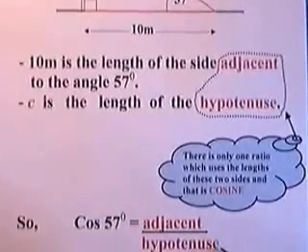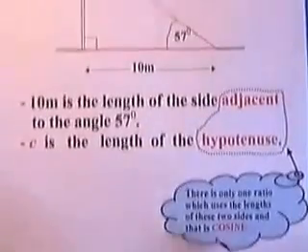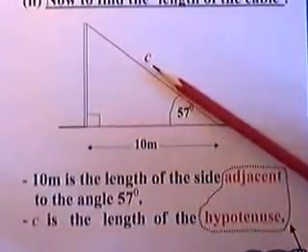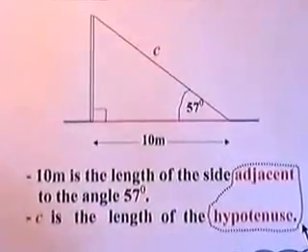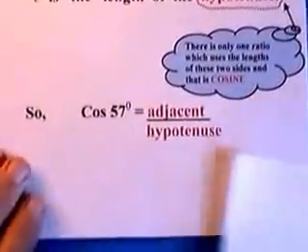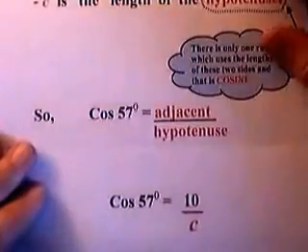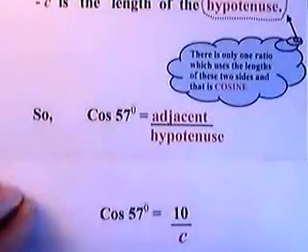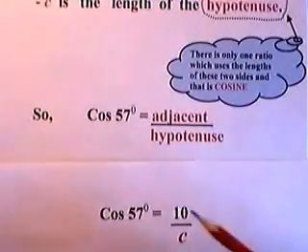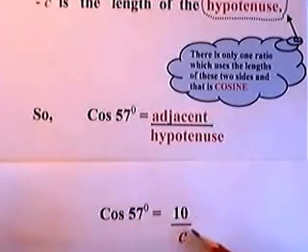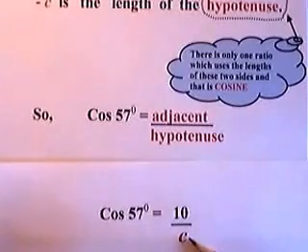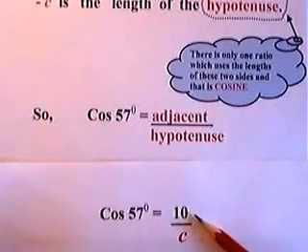The length of the hypotenuse is this length of the cable, which we do not yet know. Okay, so we would again make this very simple trigonometric equation. Here it is. We would write the cosine of 57 is equal to 10 divided by C, the length of the cable, the hypotenuse, and that's the length of the adjacent side.